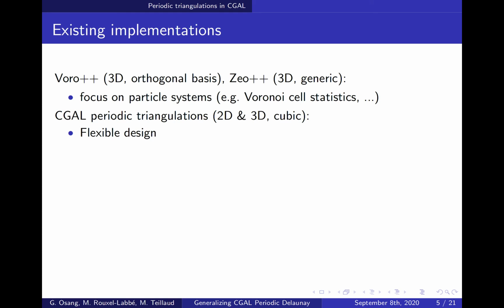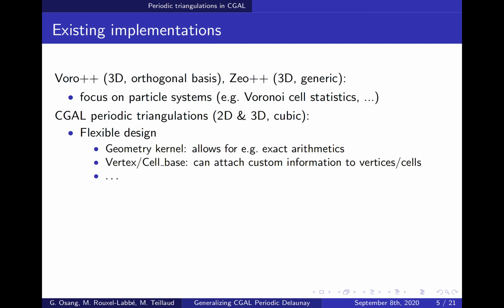However, it only covers the cubic case, which means that the basis of the lattice is the standard basis. In particular, the lattice vectors are orthogonal. On the other hand, it offers a very flexible design. For example, via a geometry kernel, it can be specified. One can use exact arithmetics. It's possible to attach additional custom information to vertices and cells.